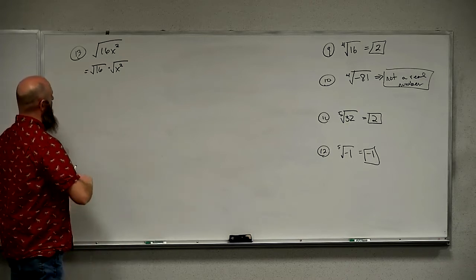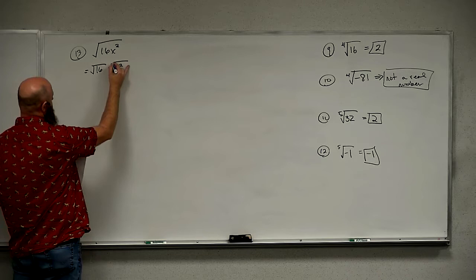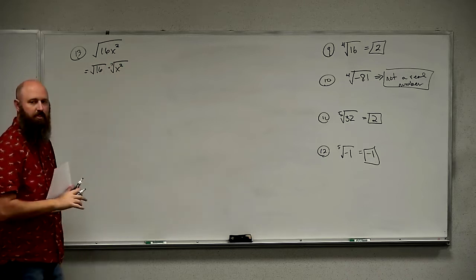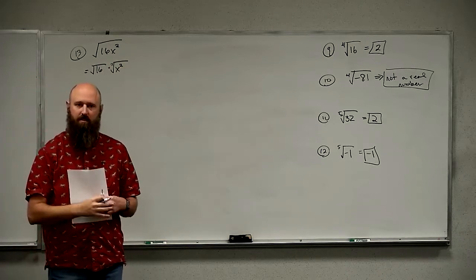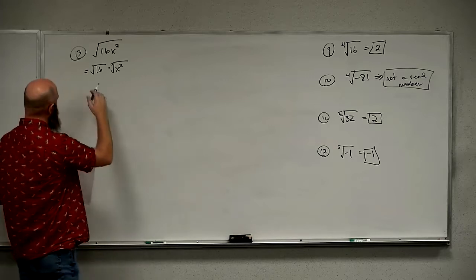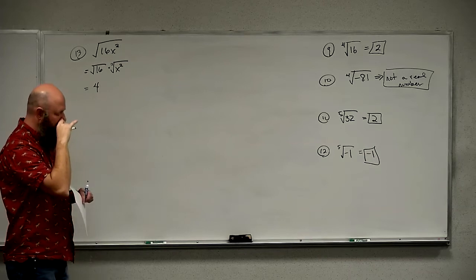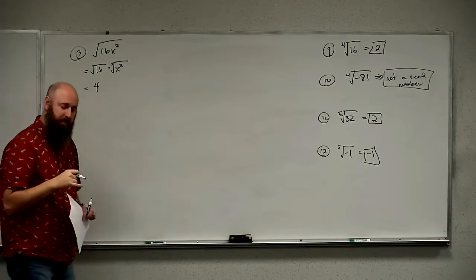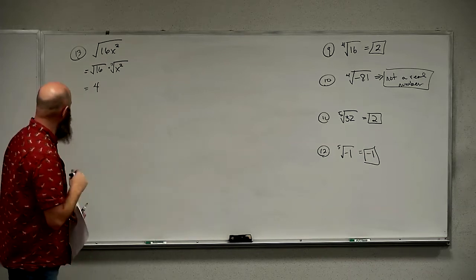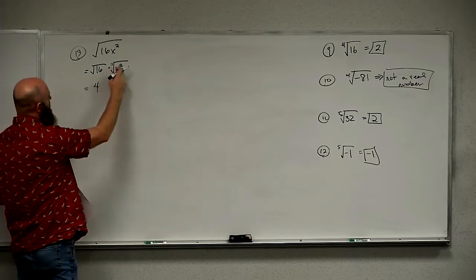Now, if we remember on this, that's a little 2 out there, right? And so we can think about those pieces. Let's go ahead and do the square root of 16. That's 4. All right. So here, these are the same, right?